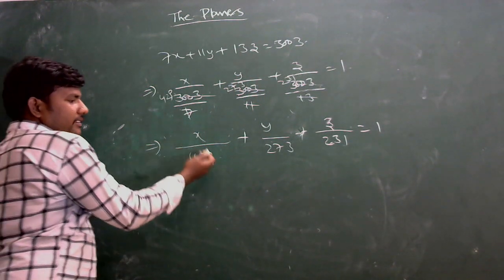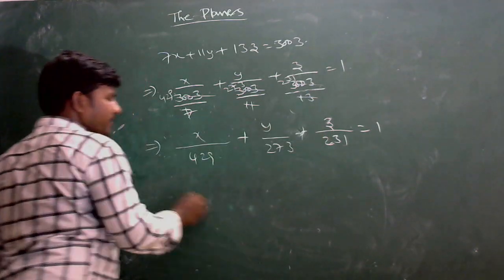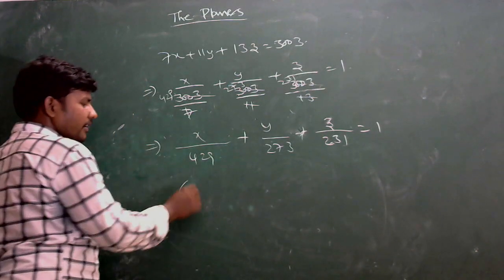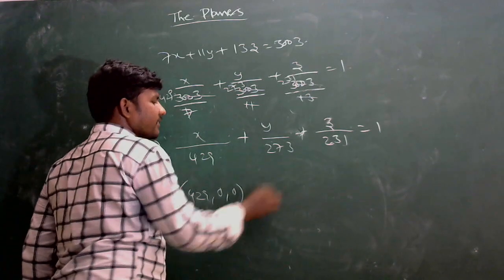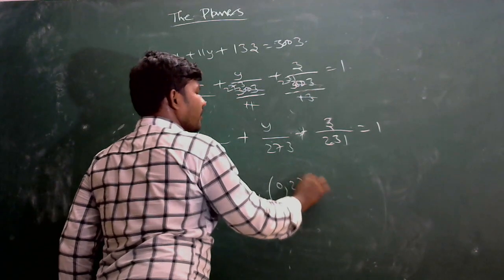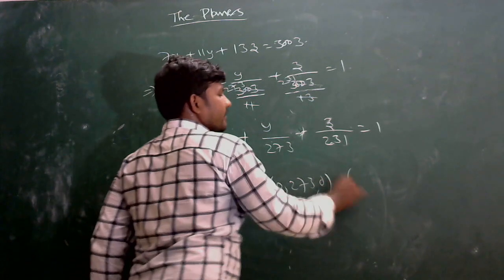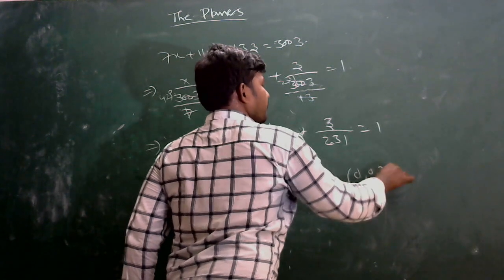This is the x-intercept, y-intercept, z-intercept. The point on the x-axis is (429, 0, 0). The point on the y-axis is (0, 273, 0). The point on the z-axis is (0, 0, 231).